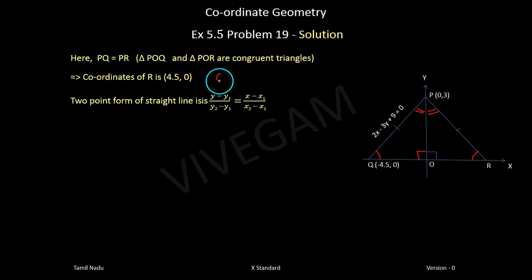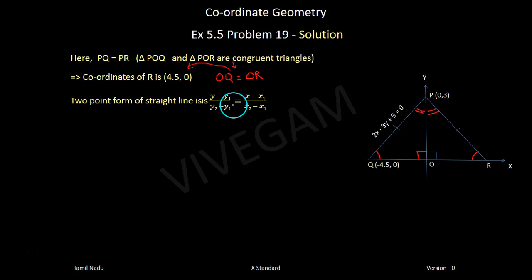You can also write OQ equal to OR, because these two triangles are congruent. So this condition leads to this point, so this point leads to this. I missed that step. Okay, please add it in your notebook.